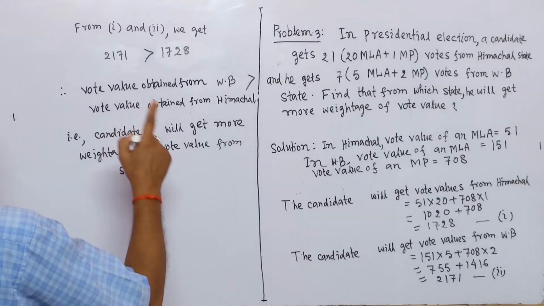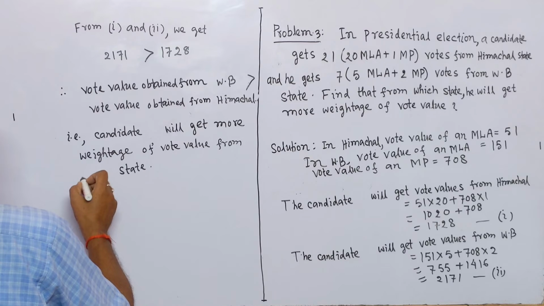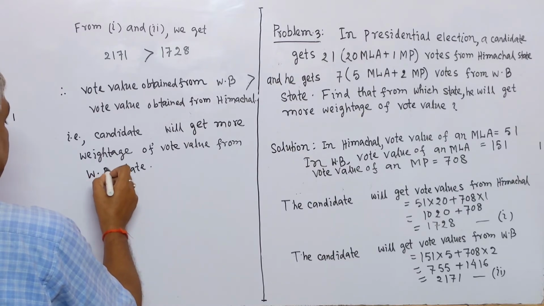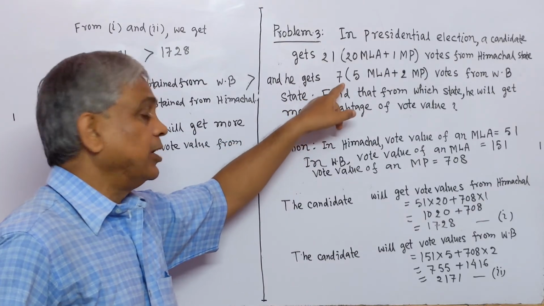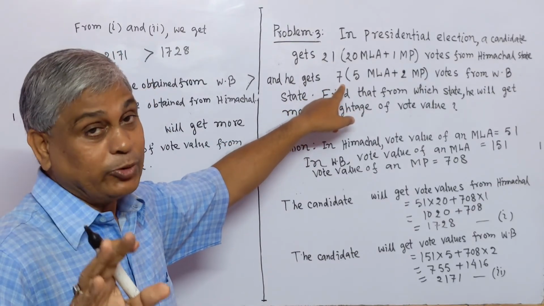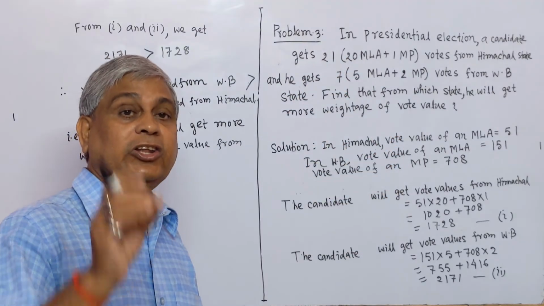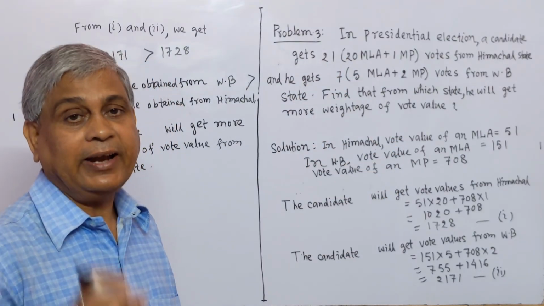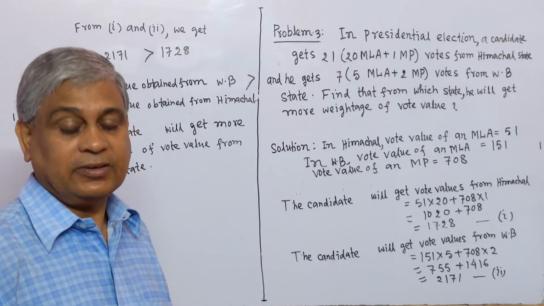Therefore, the candidate will get more weightage of vote values from West Bengal state. In West Bengal state, the candidate gets only 7 votes. In Himachal, 21 votes. In spite of this, the candidate will get more vote values from West Bengal.